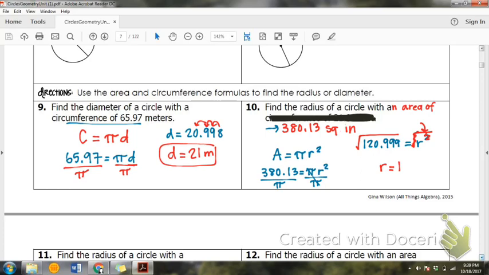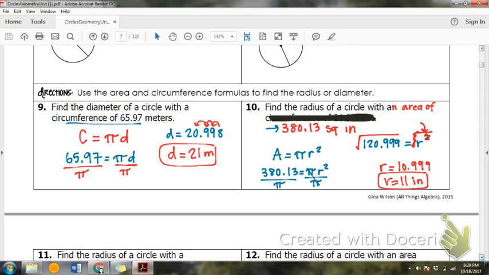And we get 10.999, which is close enough to 11. We know that it's 11 inches. Okay? So depending on what they've been given, first of all, look to see whether it's area or circumference, then plug in what they've given you, and then it becomes an algebra problem, okay?